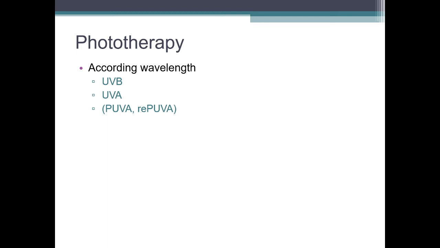PUVA and bath PUVA are methods where you take a photosensitizer, but over time we found out that UVB, in most cases, not in all indications, but in most cases, like psoriasis and atopic dermatitis, is more efficacious and more convenient, not so irritating.